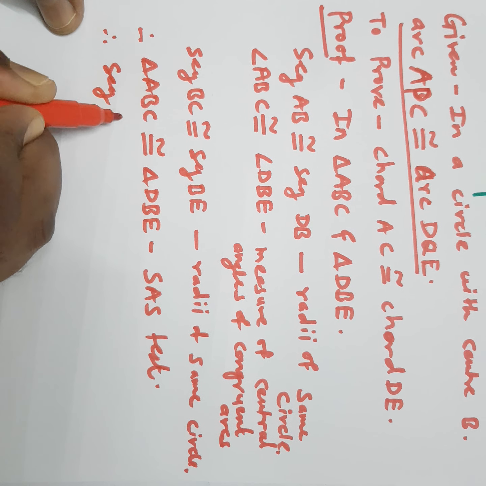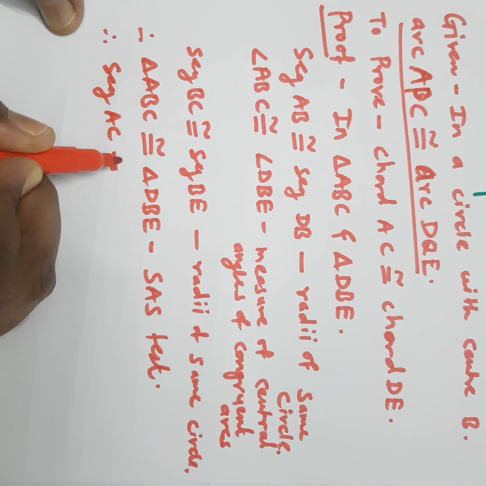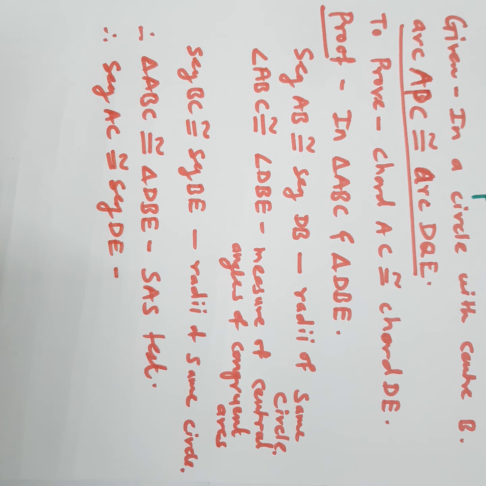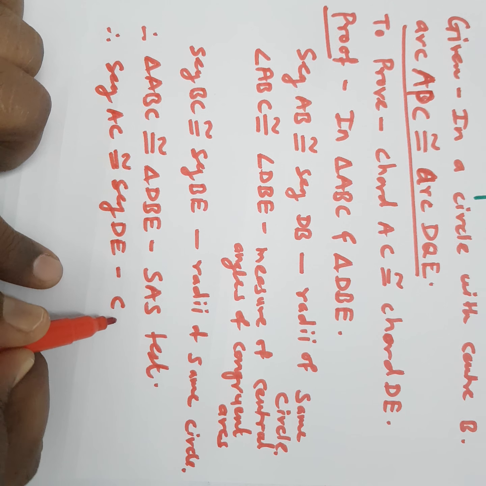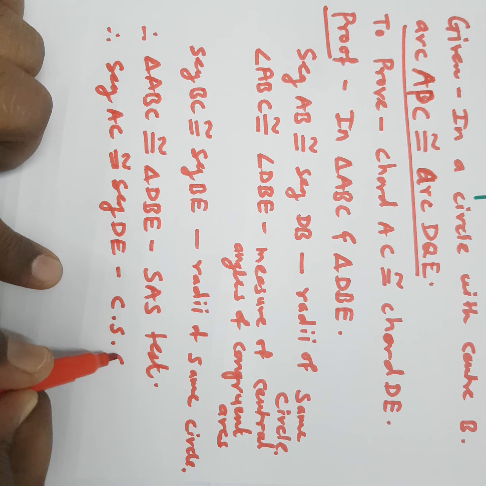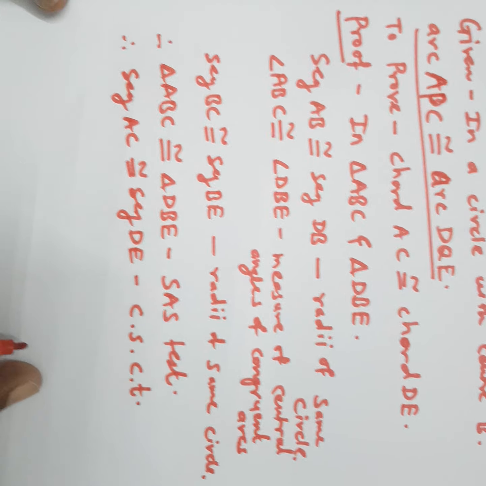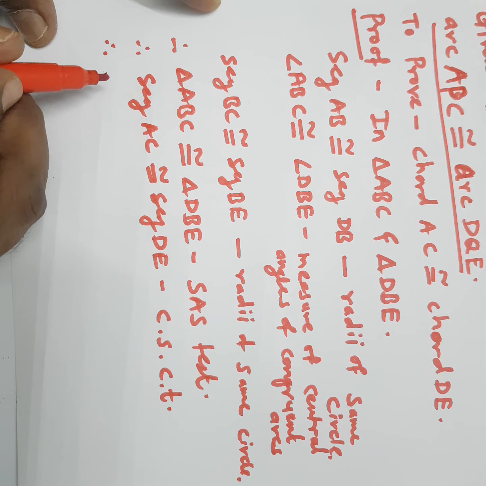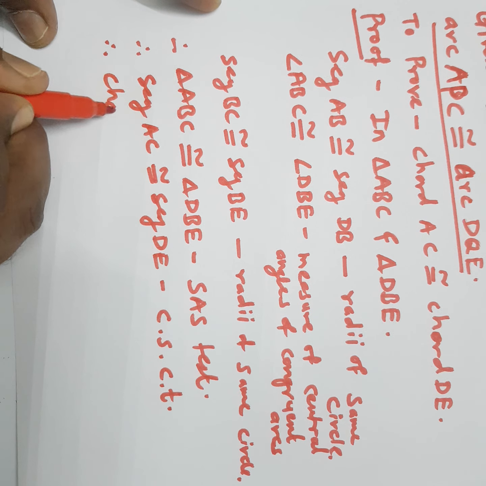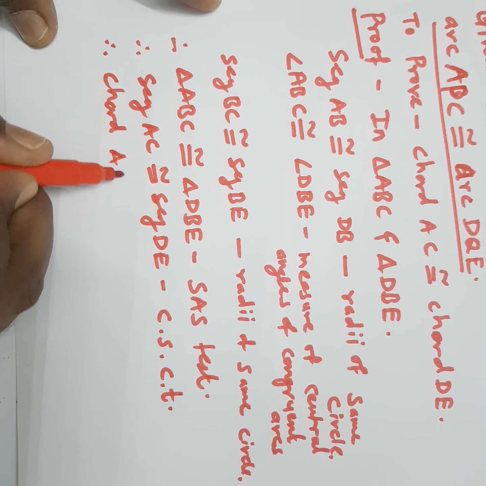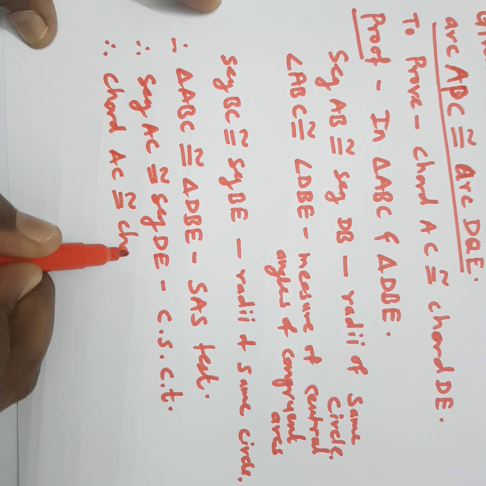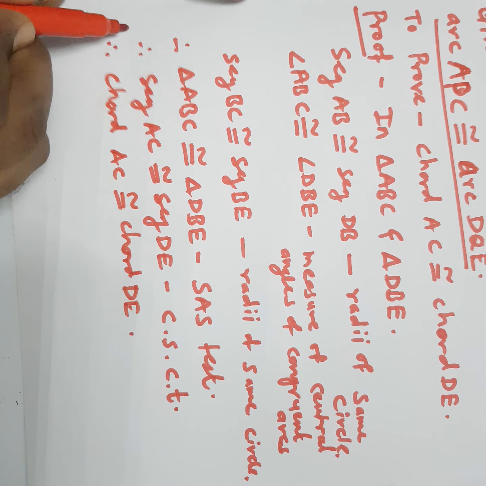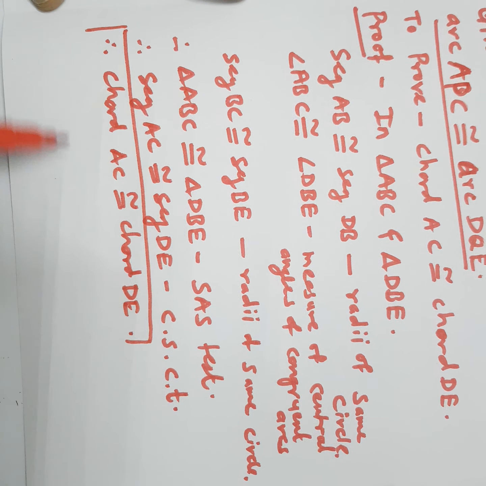Therefore, seg AC congruent seg DE, these are corresponding sides of congruent triangles, CSCT. But these segments are chords of the circle. Therefore, chord AC congruent chord DE, and it is to prove here.